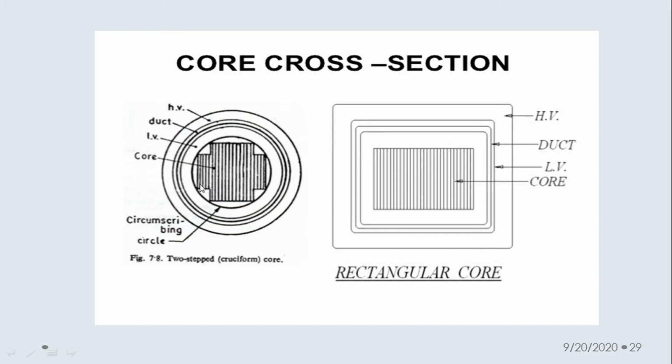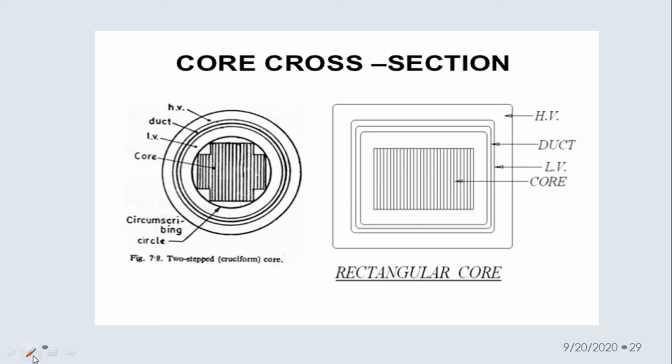This is a rectangular shape of one step, and this is another step, which is surrounded by circular coils, near to the LV winding. The LV winding is near to the core, as I told, with a duct or insulation in between. After that, the HV winding. If you see the top view of the transformer with a two-step core, you will get a structure like this.